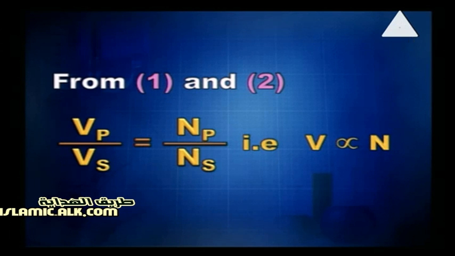That's to say we've got a direct relation between the EMF induced and the number of turns on the coil. V is directly proportional to the number of turns. Vp over Vs is equal to Np over Ns. And let me remind you, this is to be used only when the transformer is assumed to be 100% efficient.